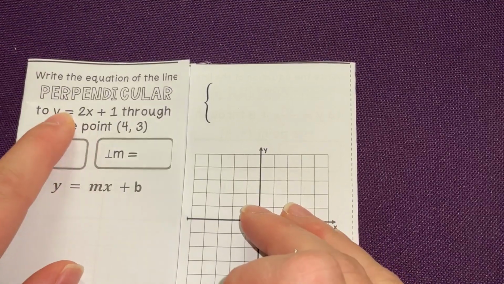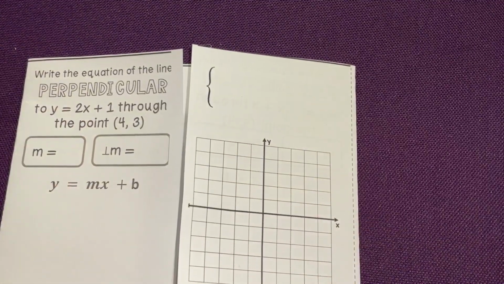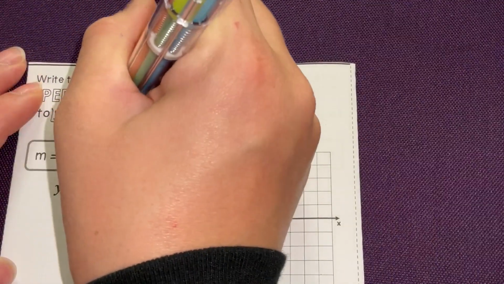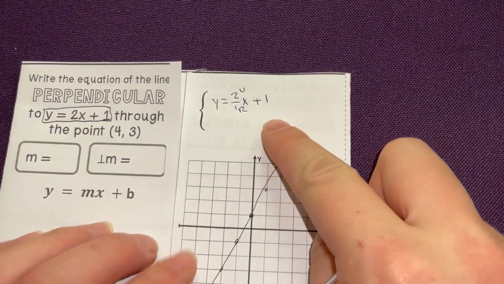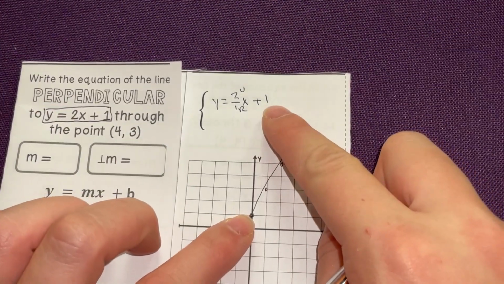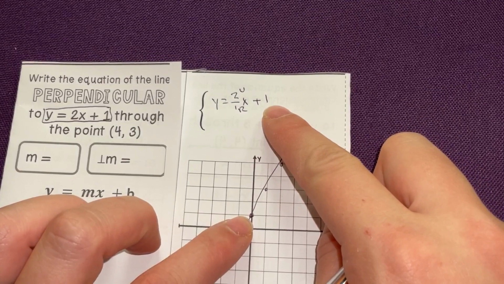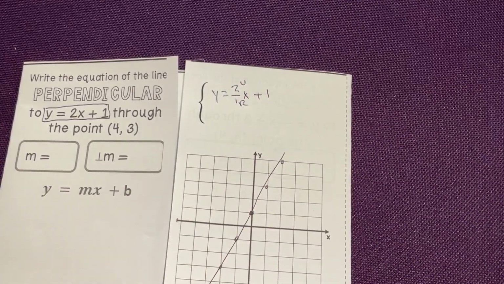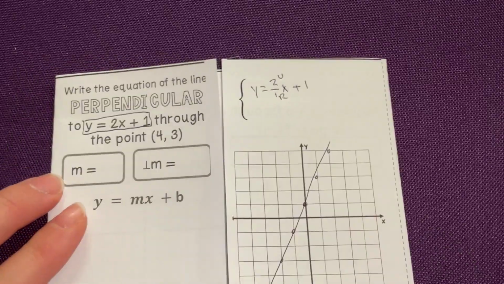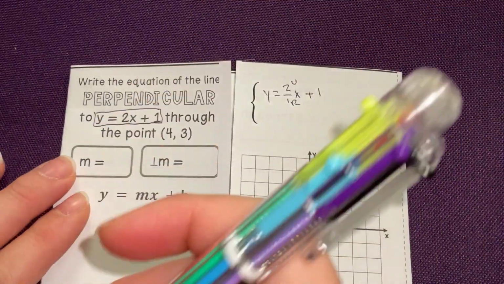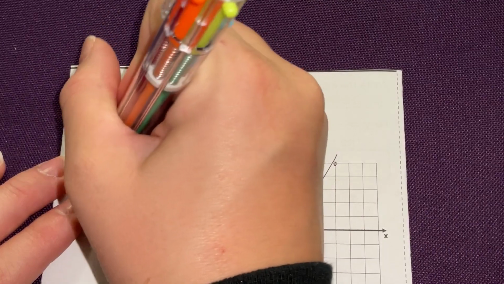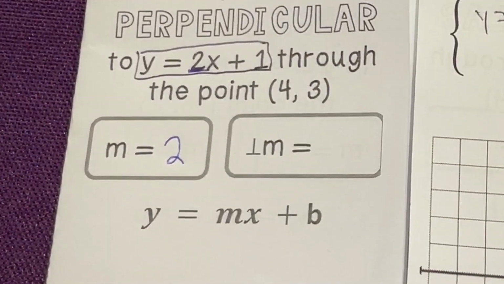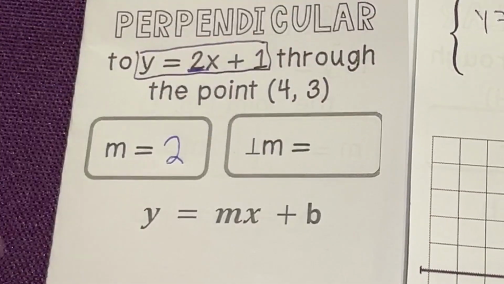Now let's do some problems together. So once again, I'm gonna just graph this equation really quick just to show you what perpendicular looks like. Our equation started at the y-intercept 1, up 2, right 1. Now, in this problem, our original slope was 2. So for the perpendicular slope, we flip it around and change the sign.